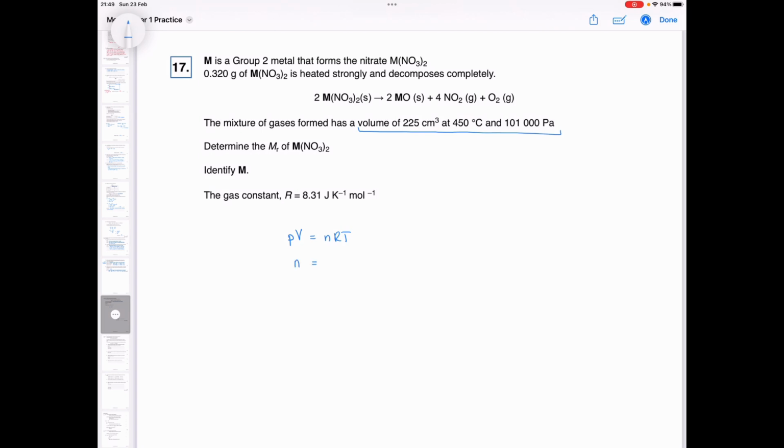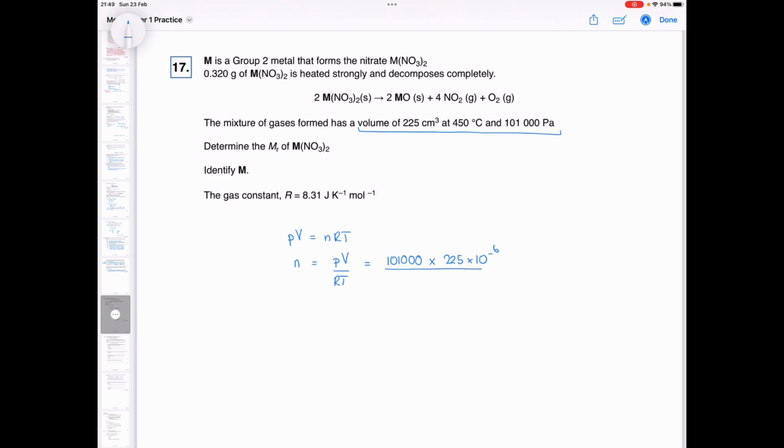And so n is equal to PV over RT, which is equal to 101,000. And then we need to convert the volume into meters cubed. So we're going to divide from centimeters cubed by 1,000,000 to get to meters cubed. So it's 225 times 10 to the minus 6 in meters cubed.